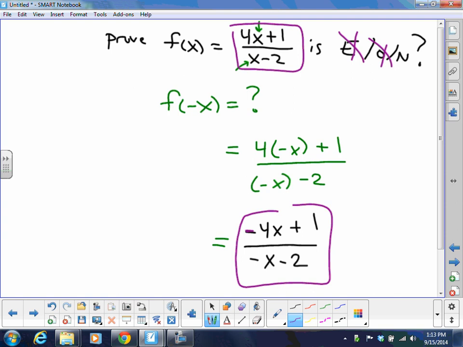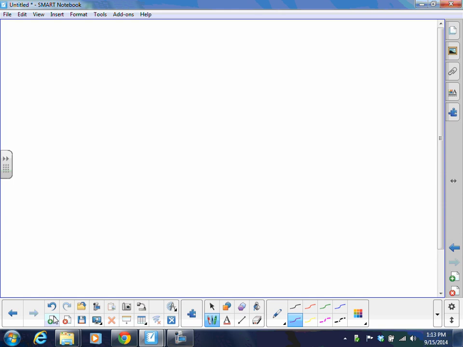So let me just give a couple tips that might help on the table, just some general guidelines here about domains really quick. If the function's linear or quadratic, chances are the domain's going to be all real numbers.